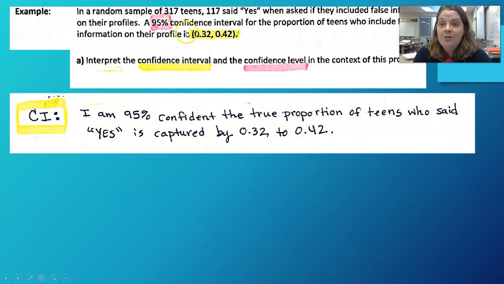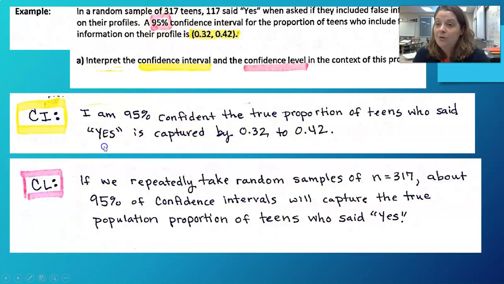Now the thing about the 95%, it has nothing to do with this 0.32 and 0.42. Okay, that is one specific instance. The confidence level, we're talking about what does 95% mean in general. Okay, so the confidence level says if we repeatedly take random samples of the same size, so we took 317, if we repeatedly take samples of size 317, if I repeatedly drop 100 Hershey Kisses, we would expect about 95% of the confidence intervals that we made from those samples to capture the true proportion of teens who said yes.